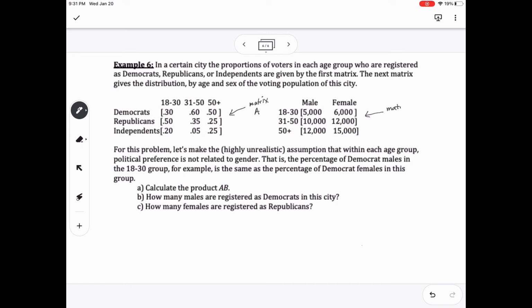Now, because there's not a lot of room on this slide, I'm going to do my work on the next slide. To do multiplication of A and B, it's going to take a lot of room. So let's head over there.